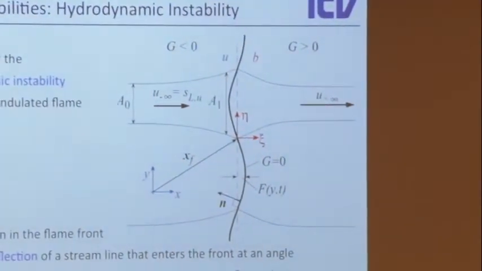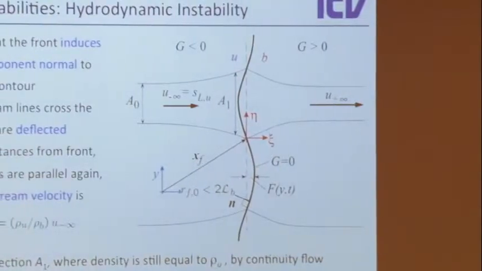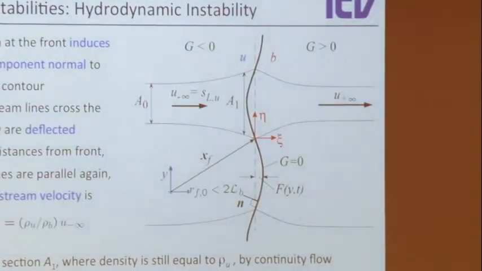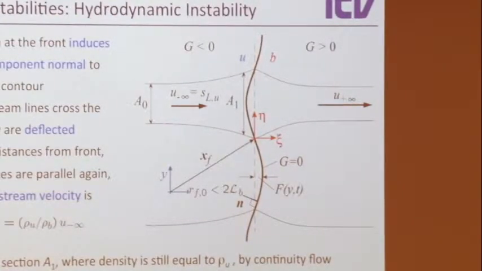Okay? So, now think about, you have a flow coming in here. The mass flow is rho times U times A. And now, let's say the density doesn't change, but this A, the area of the stream tube, gets larger, and this means the velocity has to get slower. Okay? So this is interesting. This flame moves in this direction. It moves here to the left.